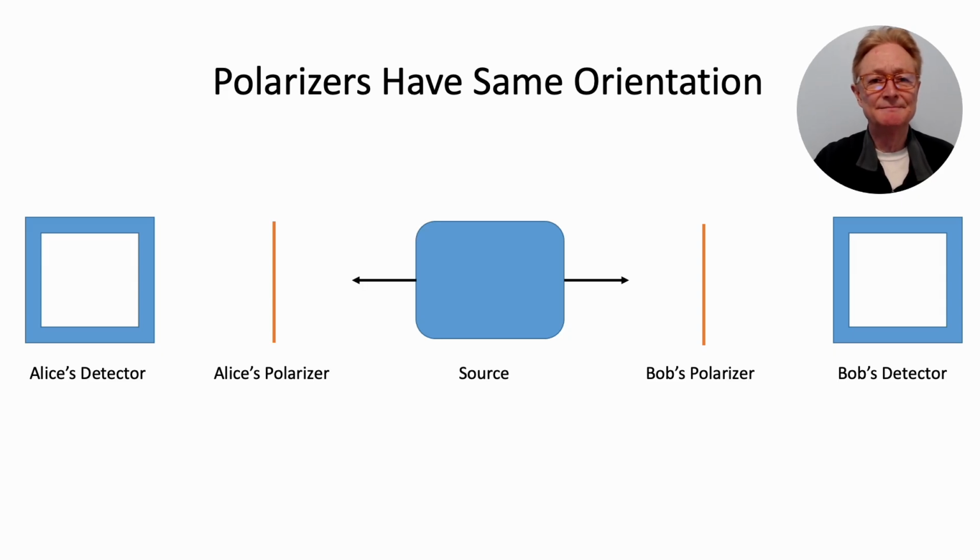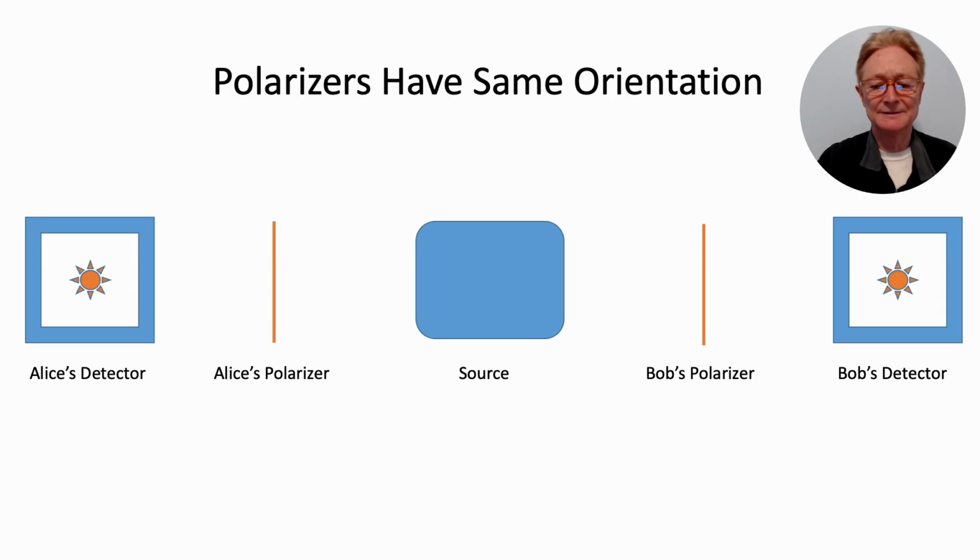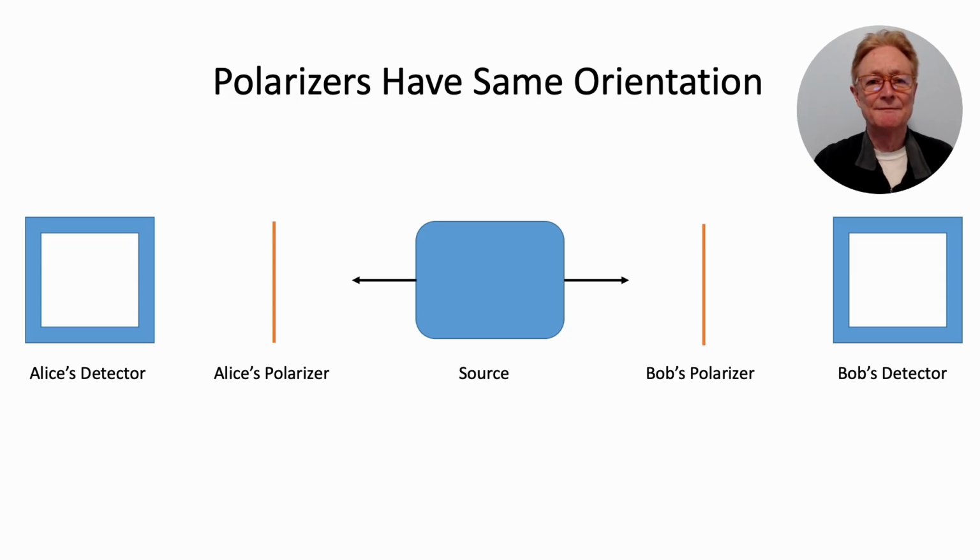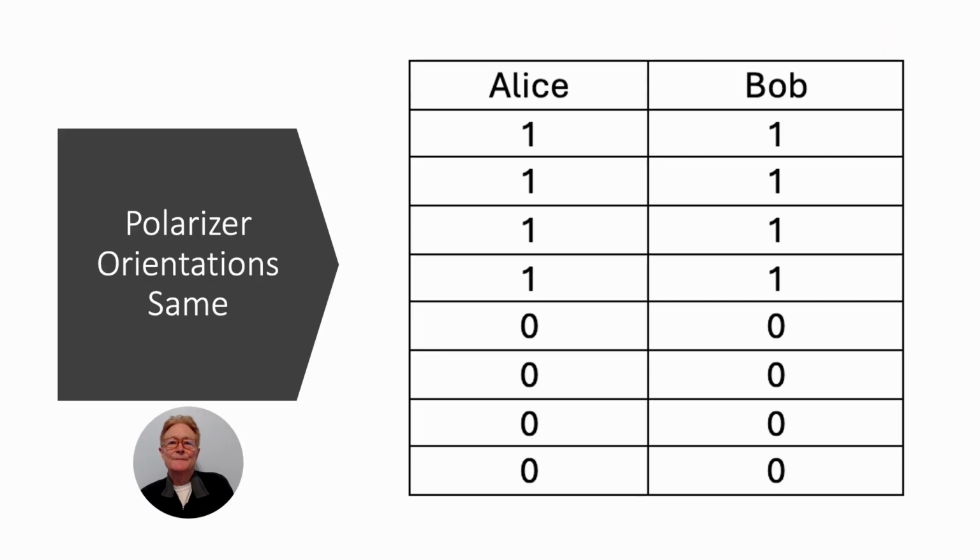Photons emitted, both detectors click. Photons emitted, neither detector clicks. In other words, in 8 trials of this experiment, Alice and Bob each get 4 clicks and 4 no clicks in random fashion. However, their outcomes in each trial are always the same. This is due to the conservation of angular momentum.